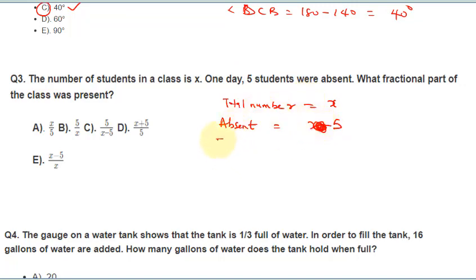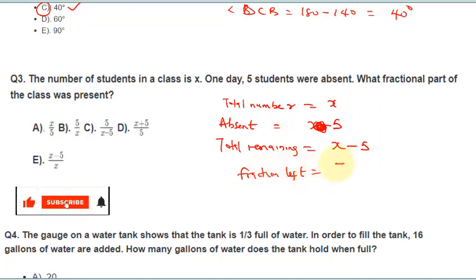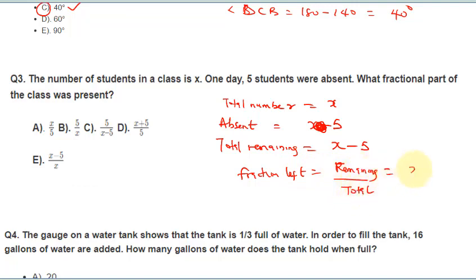Then total students remaining for that day will be X minus 5. So the fraction left in class will be remaining over the total, and that's going to give us X minus 5 all over X. So from here you can see the correct answer is going to be option E.